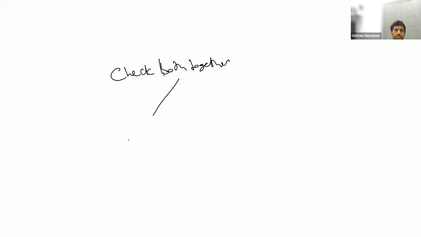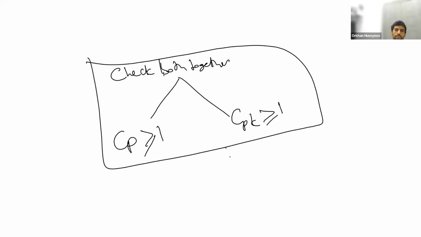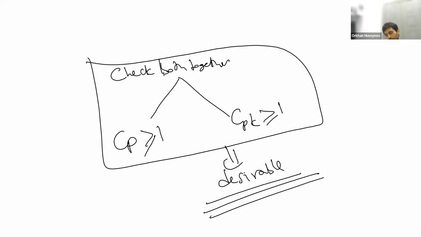Both means the CP value must be greater than or equal to 1, and the CPK value must also be greater than or equal to 1. If this is the case, then this is the desirable case. And this is for today.